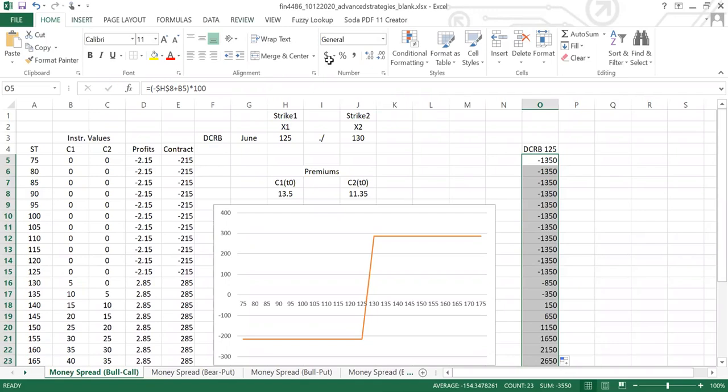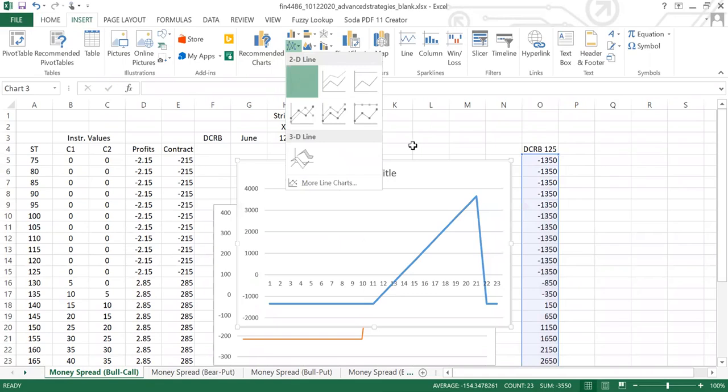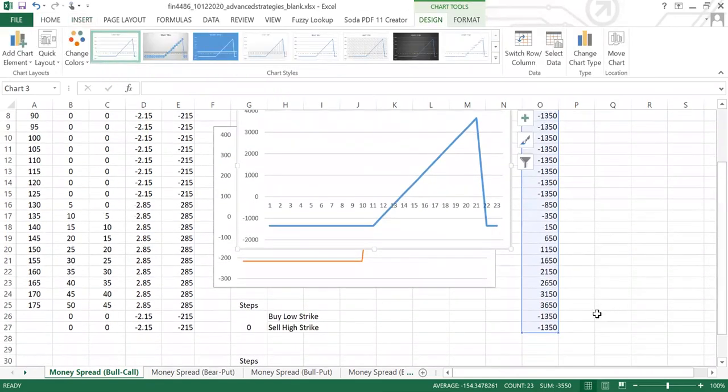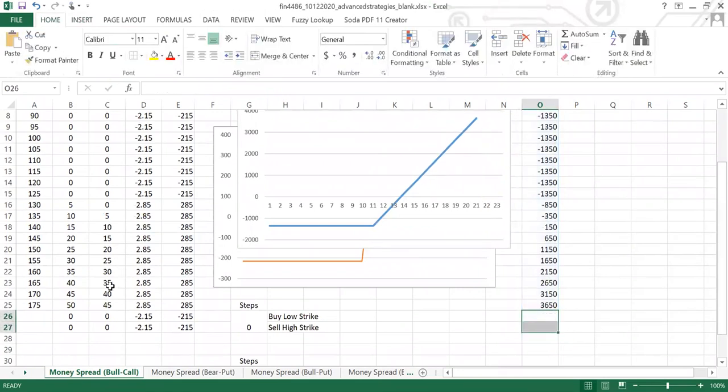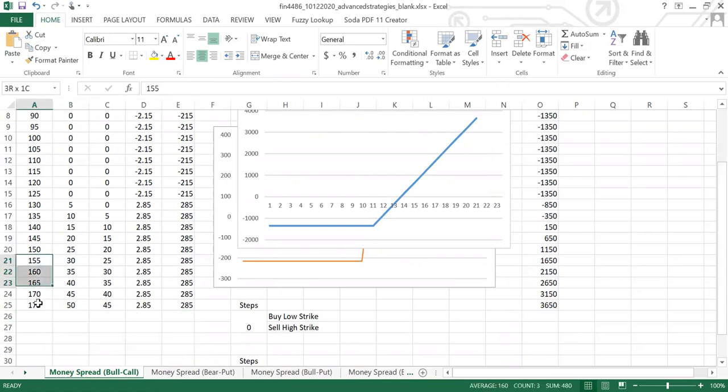Rather than editing this chart, you can add a new line. I think it's easier just to create this new line for the option, and then we have some issue here. These 2 points should not go here. Okay, so the last stock price is 175, so the chart should end there.